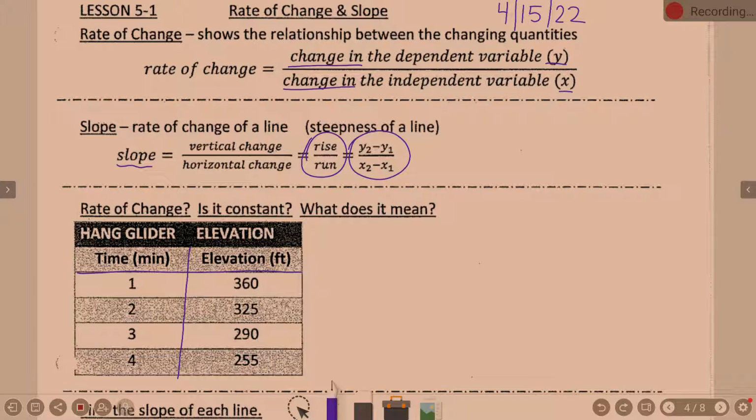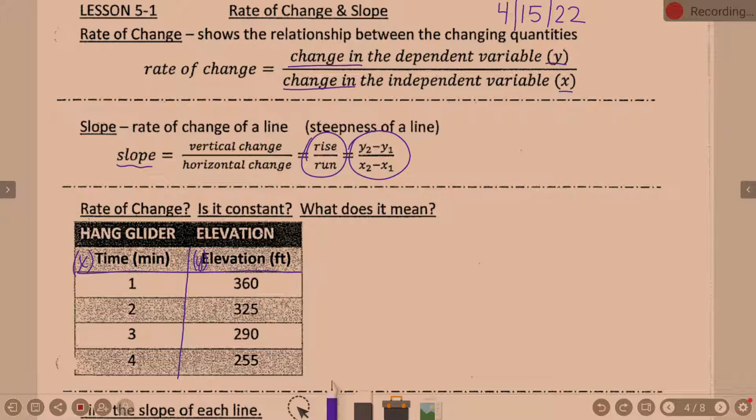Because that's what it is, right? X is over here with time and Y is over here with elevation. So as we set this up, I'm going to go back to the idea of change in Y over change in X.